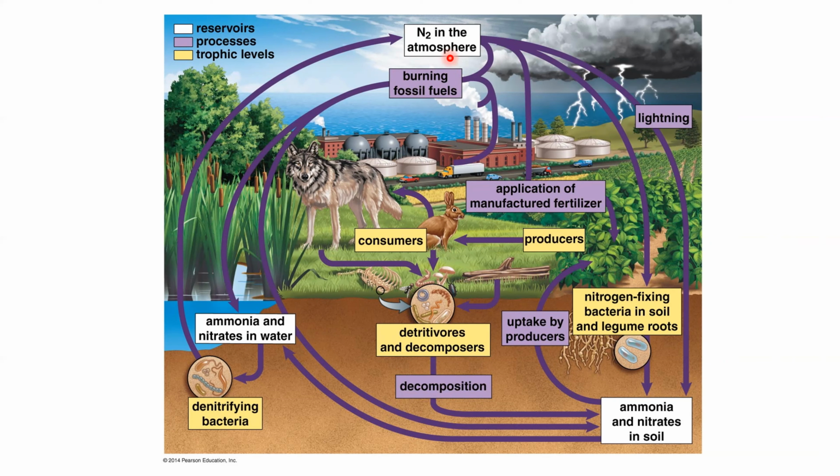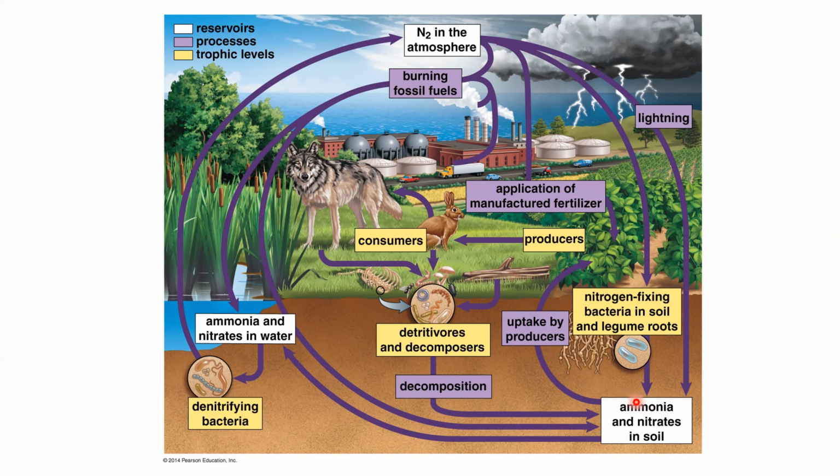But to use this inorganic nitrogen, what do we need? We need nitrogen fixing bacteria, right? So we go from nitrogen to ammonia. Nitrogen fixing bacteria incorporate this nitrogen into organic molecules such as ammonia, right?